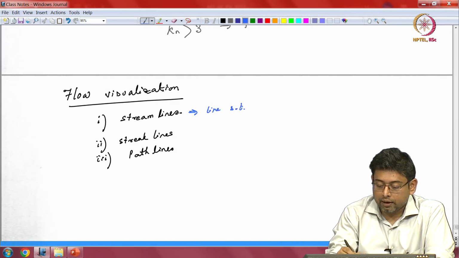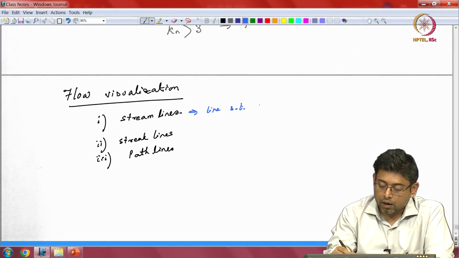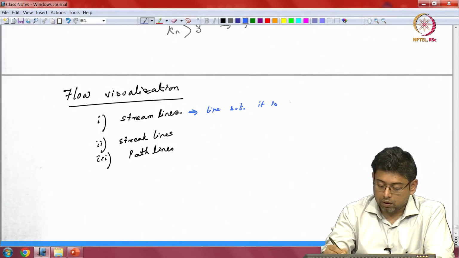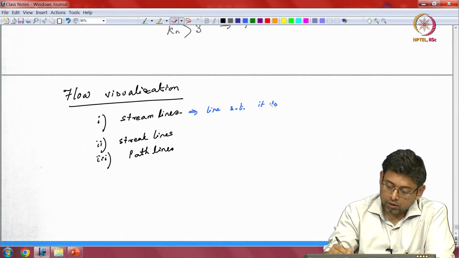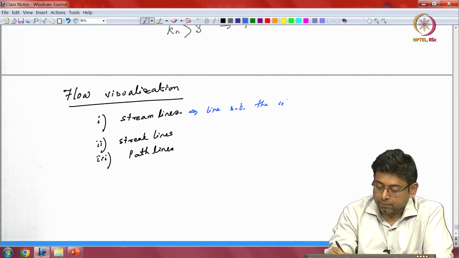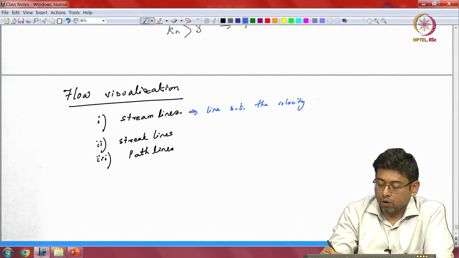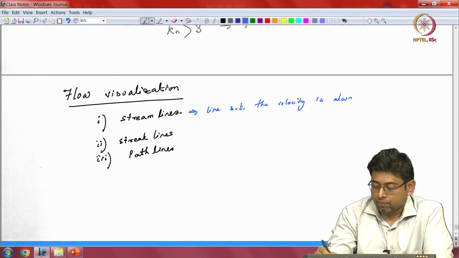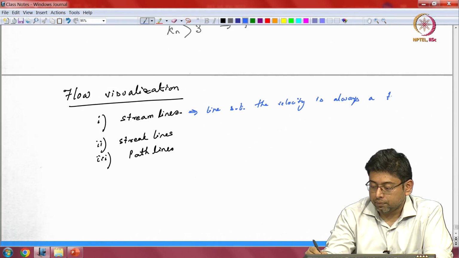such that the velocity is always a tangent to it.